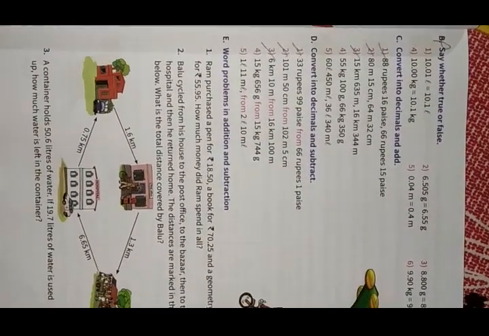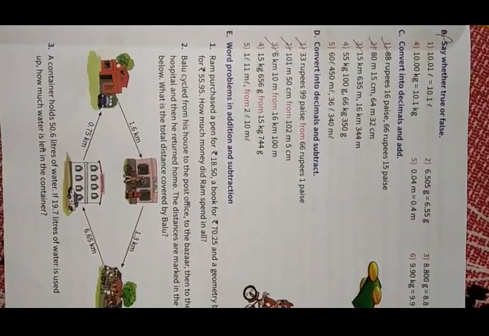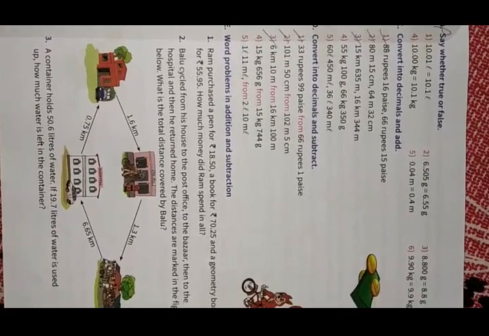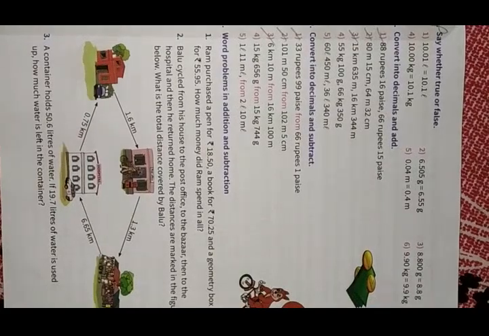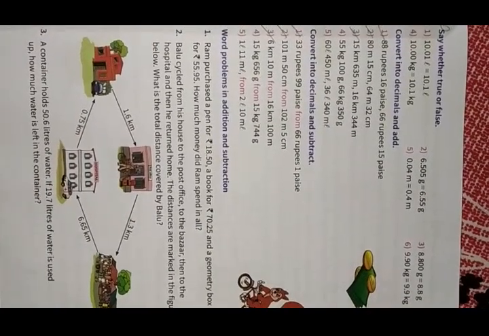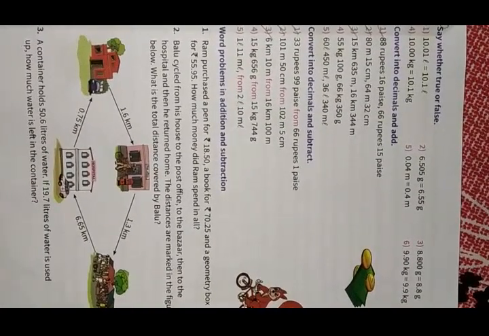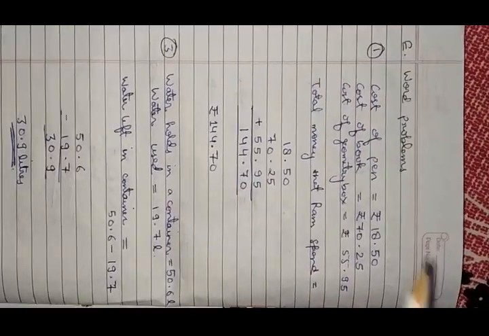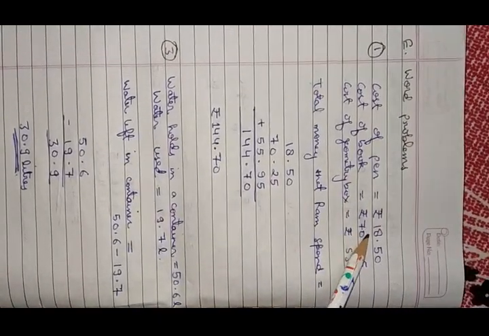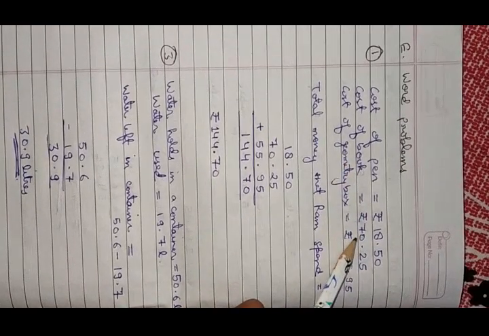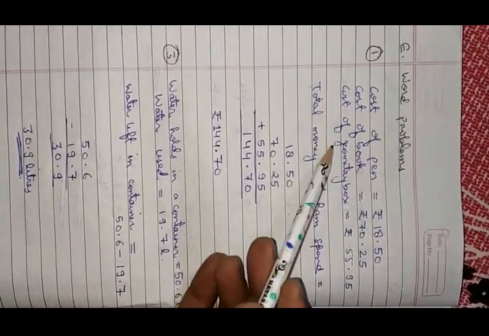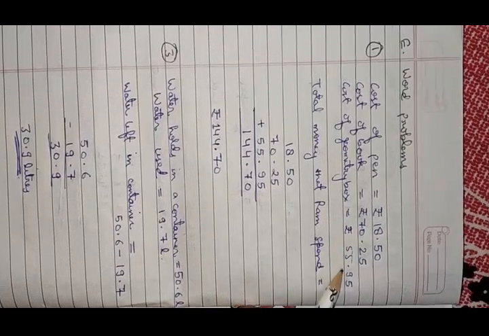Now the word problems, E. Ram purchased a pen for rupees 18.50, a book for rupees 70.25 and a geometry box for rupees 55.95. How much money did Ram spend in all? Cost of pen is rupees 18.50, cost of book rupees 70.25 and cost of geometry box rupees 55.95.